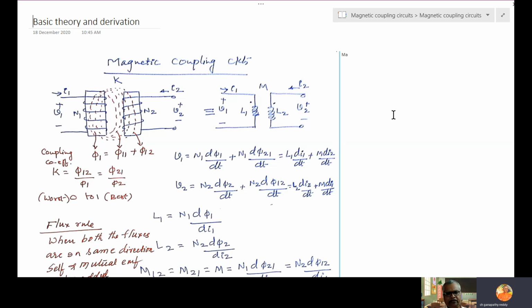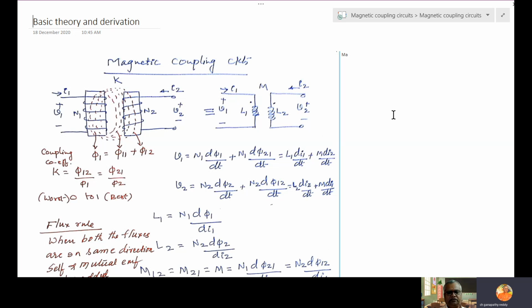Those laws are again applicable in this topic, because again we are using inductors only, and they are coupled. Faraday's law says when voltage is coming. The second law says how much voltage is coming.